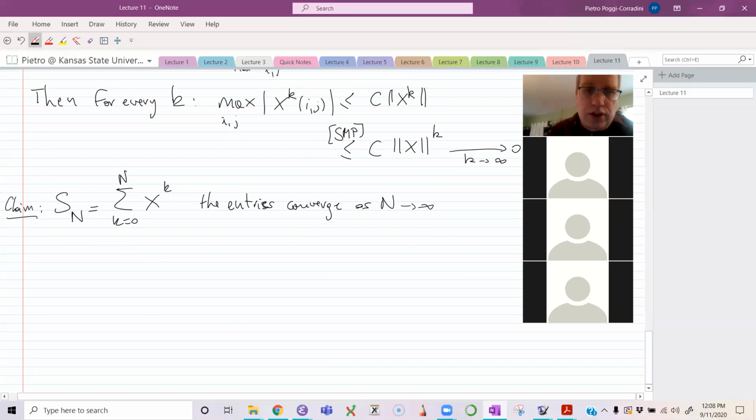And one way to show that a sequence of numbers converges is to show that it's a Cauchy sequence. Right, so let's fix some two numbers. Oh, I shouldn't use little m again.